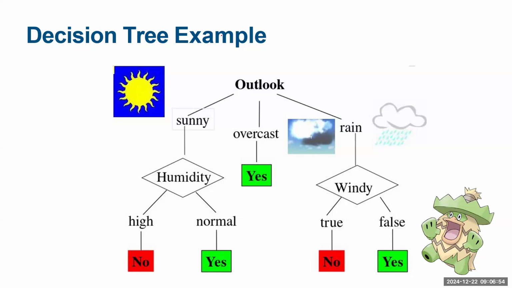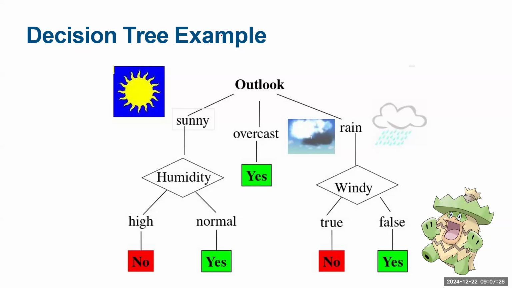So in the example, you want to know whether you want to go out to play tennis or stay home. And the decision will be yes, I go to play tennis, or no, I stay home. So this decision tree will help you decide what is the best action you should take. First, it looks at the weather. If the weather is overcast, then you always go.